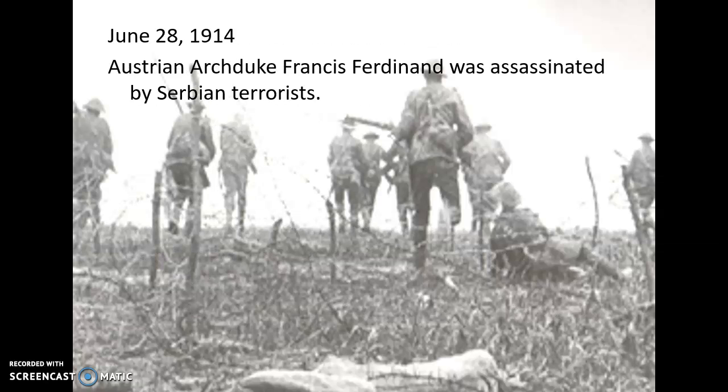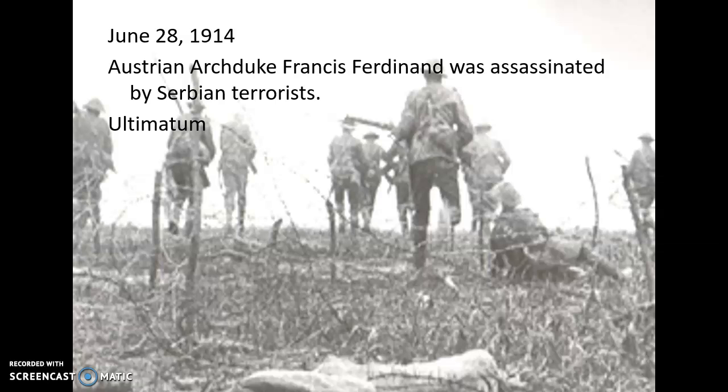On June 28th, 1914, on a very testable date, the Austrian Archduke Francis Ferdinand, who, by the way, was the heir to the throne of Austria-Hungary, was assassinated by Serbian terrorists. Austria, of course, accused the Serbian government of knowing about the plot and failing to inform Austria. Ultimatum.